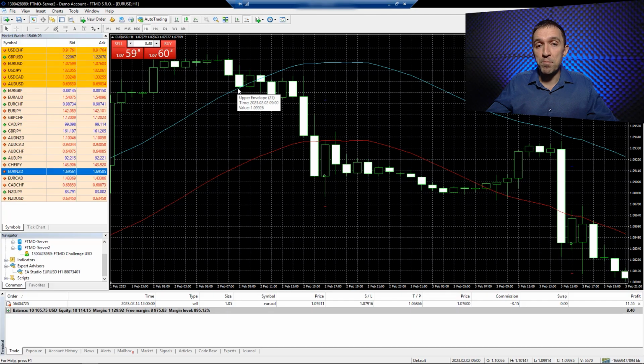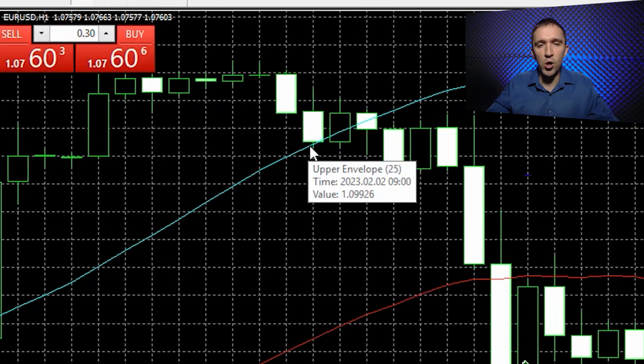After spending a few days investigating the case, I figured out that the problem was 1 hour earlier. If I put the mouse on the envelopes during the previous bar, you will see that the value is 109.926.